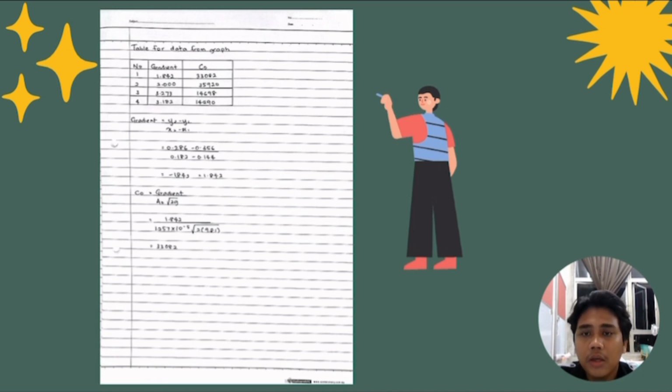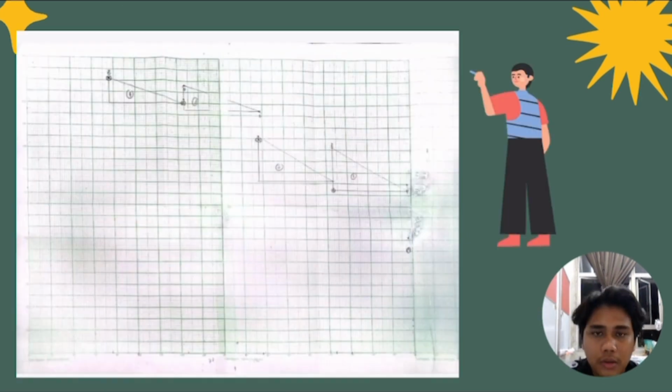When we find the gradient, we can find the experimental discharge coefficient, which equals the gradient over A naught square root 2g. To find the gradient, we use the data from this graph. We got this graph when we did the experiment.